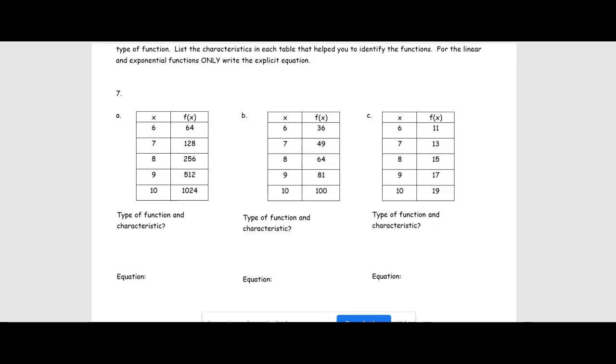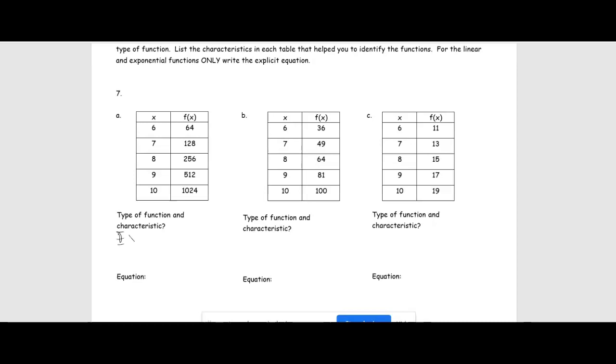All right, so let's just talk about what type of function, and then it asks you for that characteristic that allowed you to define which one it is. So let's see how we did here. For letter A, I'm going to call in some people because I think we probably are okay with these. All right, Nora, what do you think for 7A? I said it was exponential.